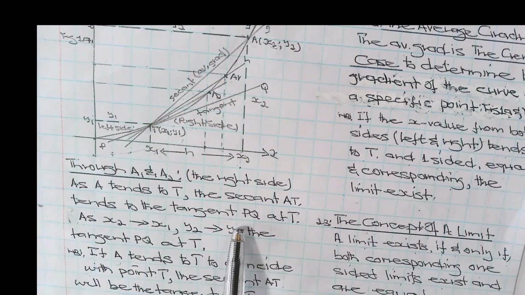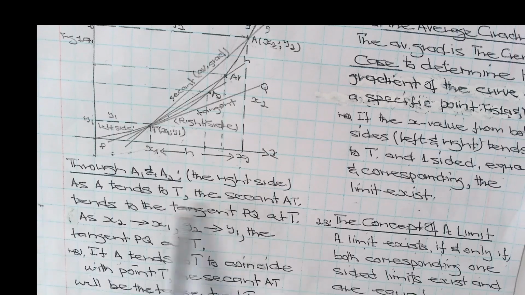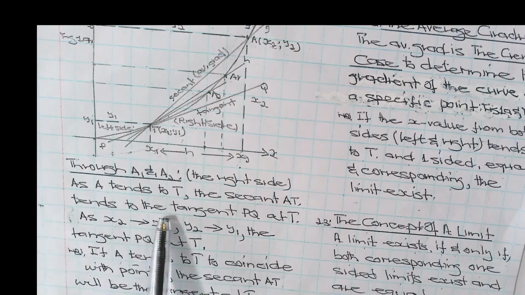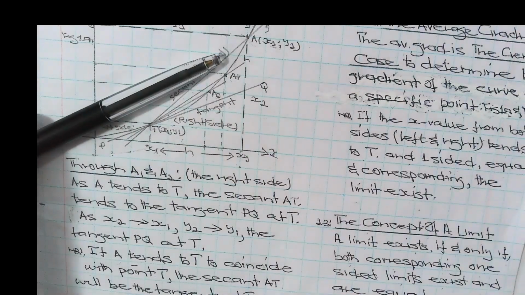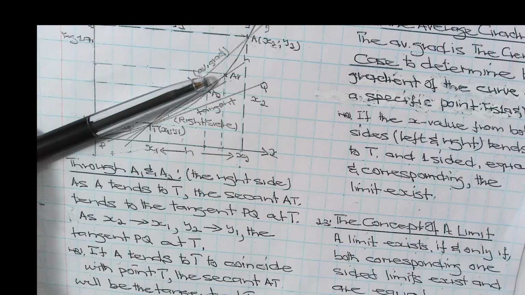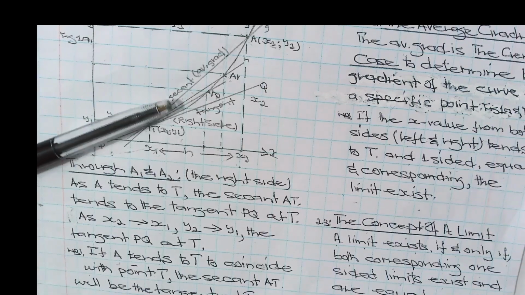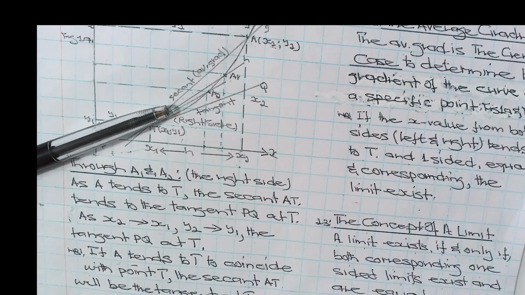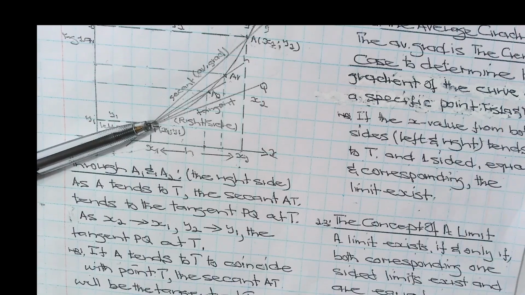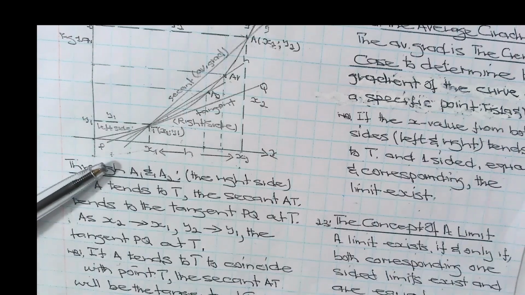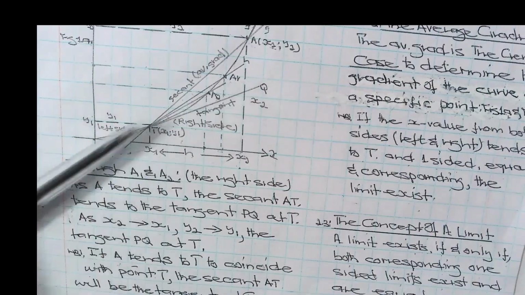Let me now read this out clearly. As A tends to T, the secant AT tends to the tangent PQ at T. It means the secant moves closer and closer. It is diminishing. The sequence gets smaller and smaller and closer and closer to T. T is on the tangent PQ.